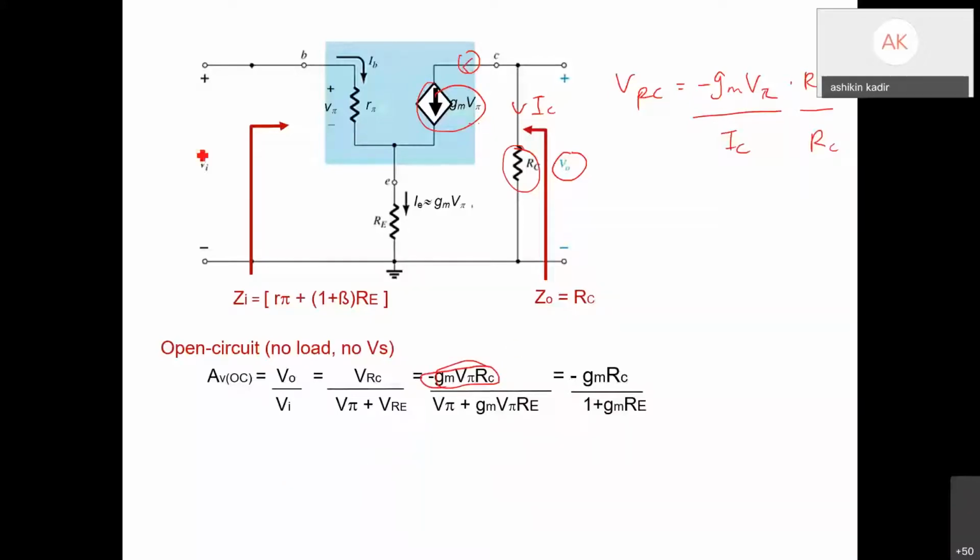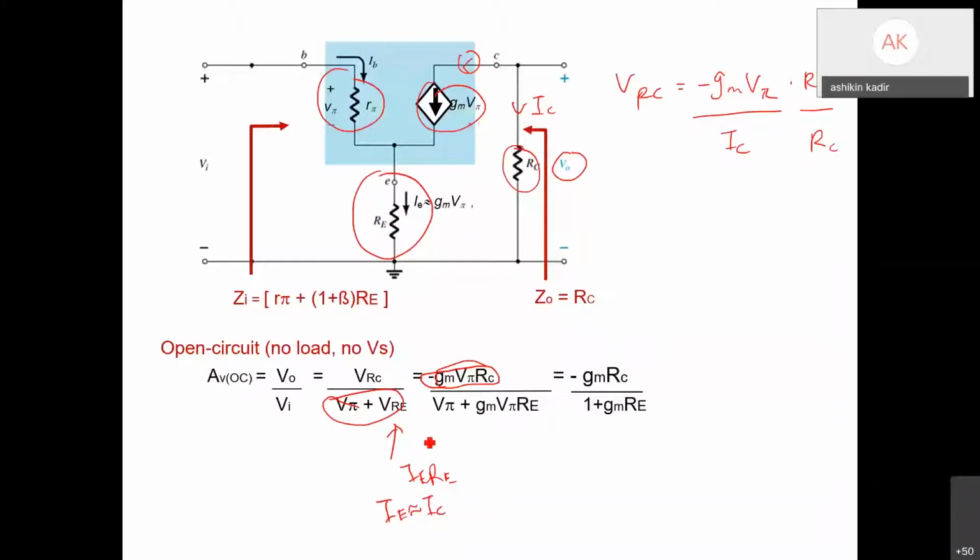And then Vi, the voltage at the input, is parallel to V pi plus V RE. V RE is equal to IE RE.